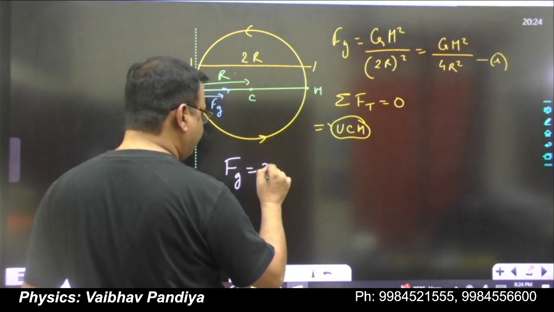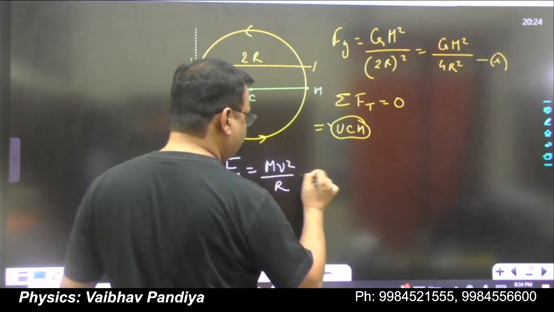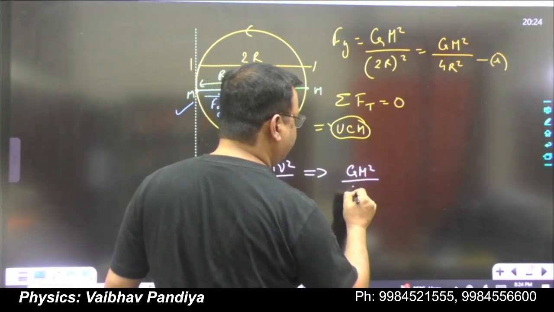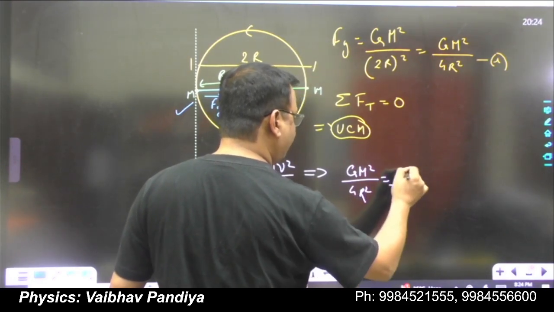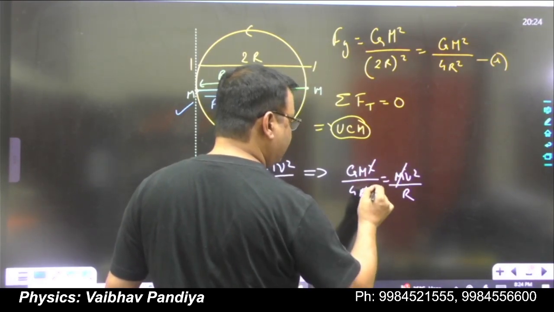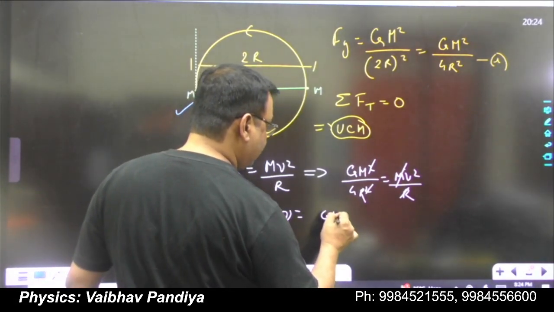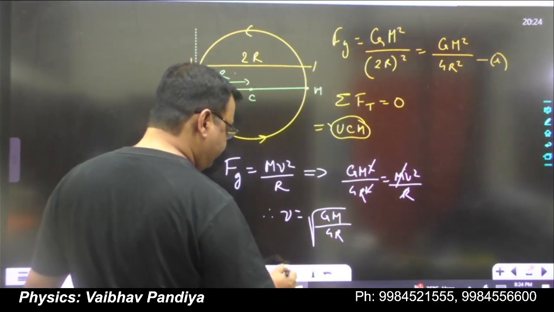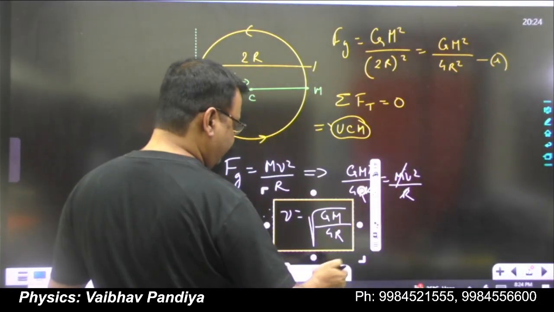So Fg will be equal to m v square by r. So you will get G m square divided by 4r square equals m v square by r. Now one m will get cancelled and one r will get cancelled. So you'll get the speed of the particle as root of Gm by 4r. This comes to be the speed of the particle which is moving in the circular path.